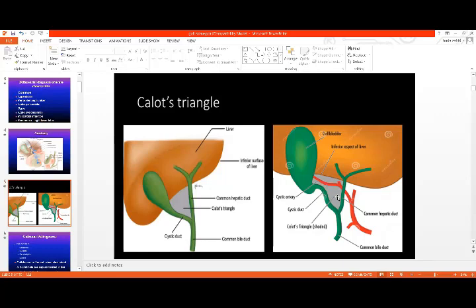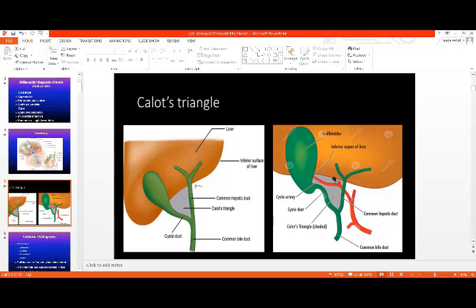Now what's the surgical importance of this? Do they ask about Calot's triangle? The reason is, when you're doing a cholecystectomy, you should know exactly where you are.